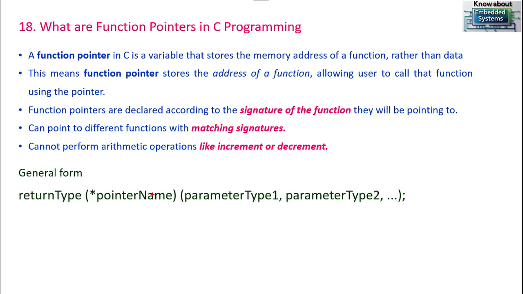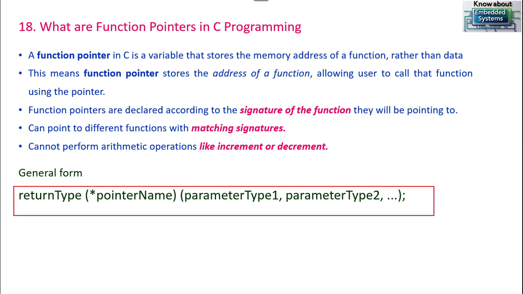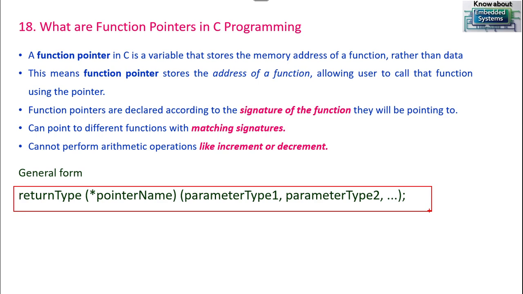What is the syntax, and how do we define or declare a function pointer? This is the general format of a function pointer. Just like functions, a function pointer has a syntax with three important parts.